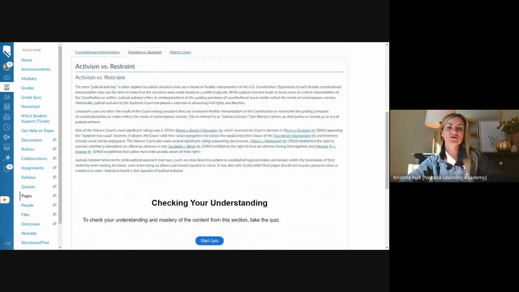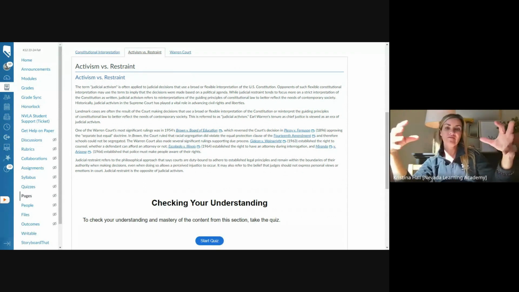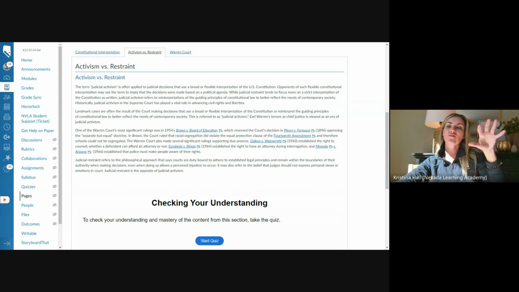Some examples: Brown versus Board of Education, that I mentioned at the beginning of class, was definitely a judicial activism case, where they took the verbiage of the Constitution and interpreted it, being flexible with it, versus Plessy versus Ferguson, which approved the separate but equal doctrine and took a more literal approach.